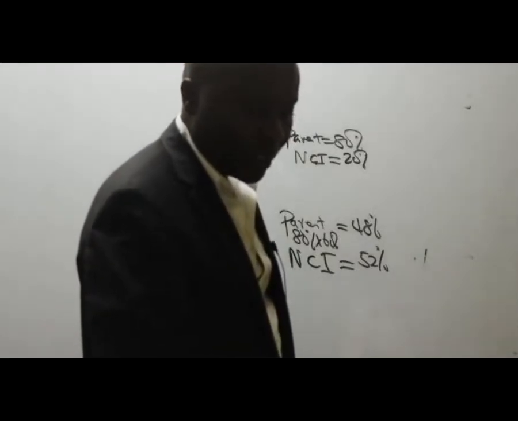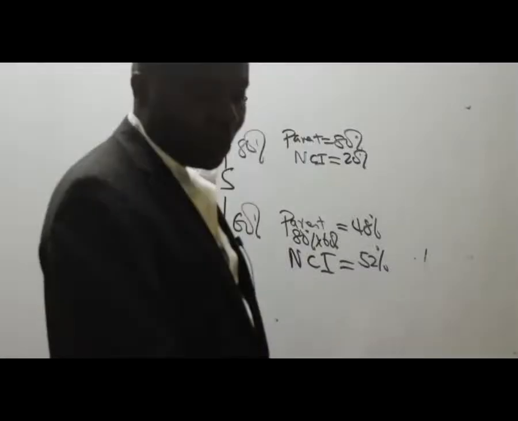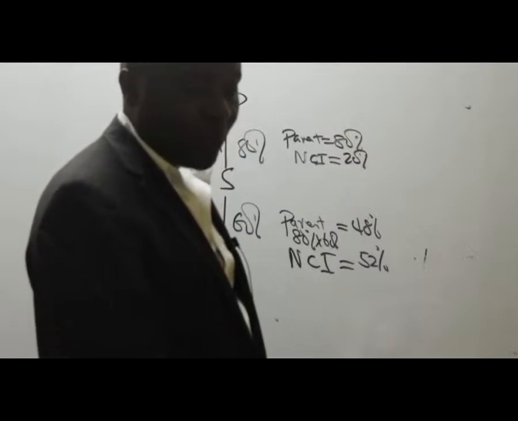This will be very important for us to have our group structure. So you can see in SS, the parent effectively owns 48% and NCI owns 52%. So please continue asking questions.